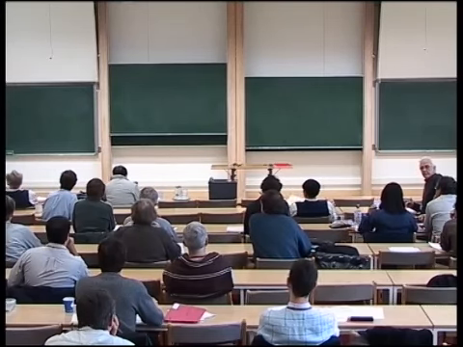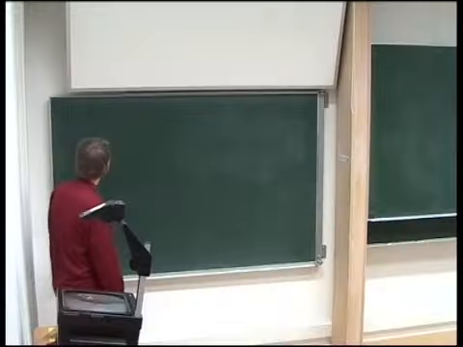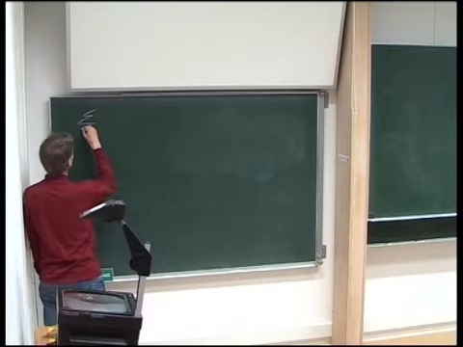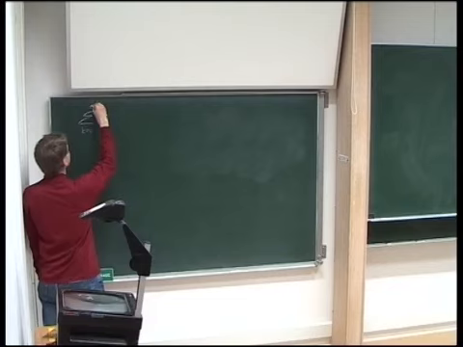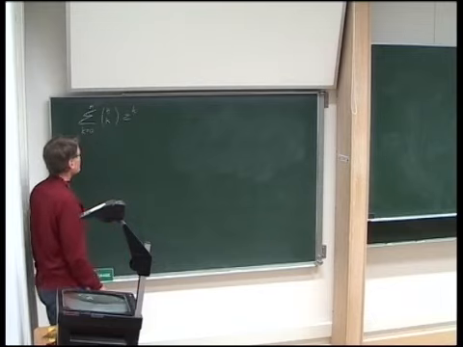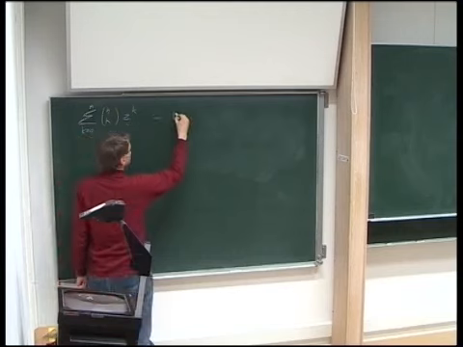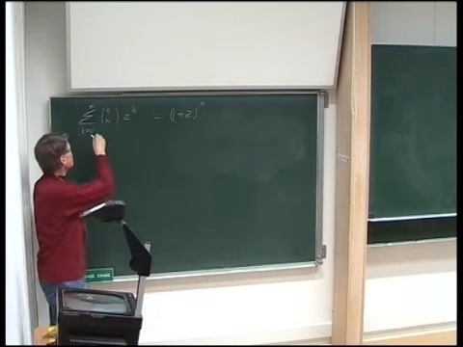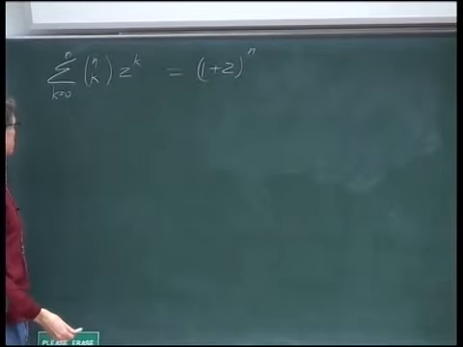So let me begin over here maybe. We all know how to compute this sum from k to n of n choose k times z to k. But suppose now that we take only a partial sum here.